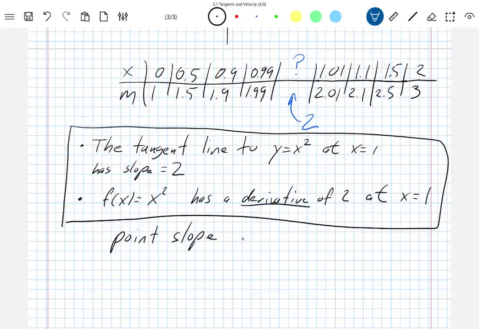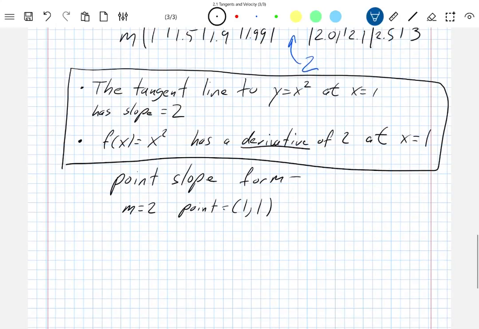Point slope form looks like this. If I have m equals 2, and I have a point, 1, 1 in this case, if I have a slope and a point, then I can actually tell you what the line is, or an equation for the line.